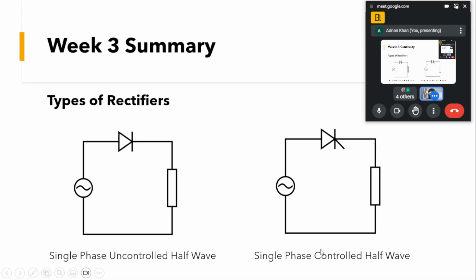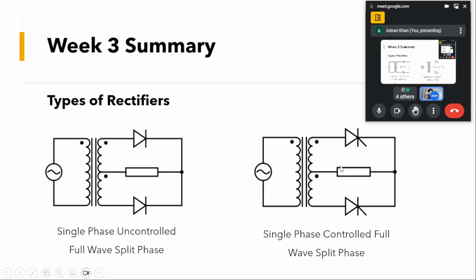So this is a controlled one, but still at the output we can only have the positive half, because during the negative half this thyristor will be off. So this was about the half wave.